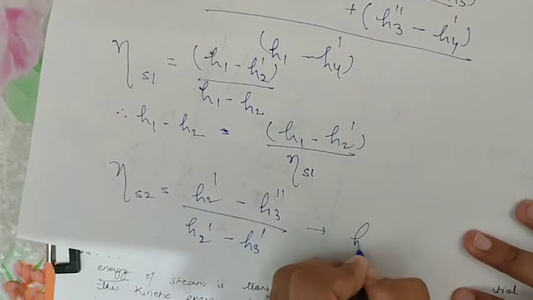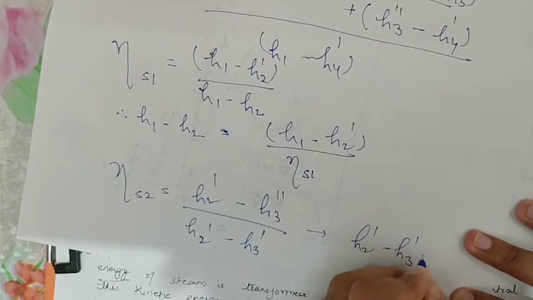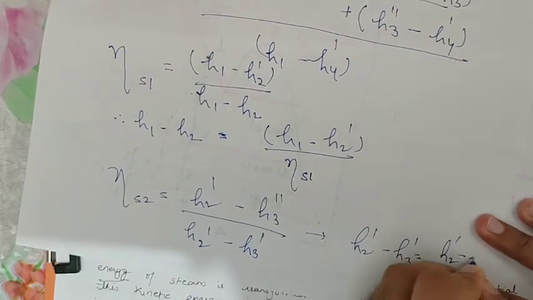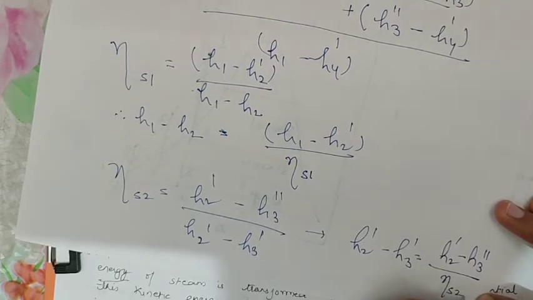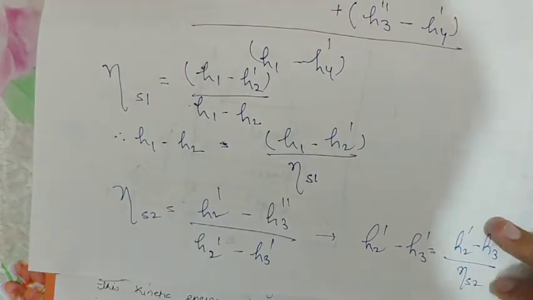So from this equation, H2 dash minus H3 dash will be H2 dash minus H3 double dash divided by efficiency of stage 2. This will be the value of H2 dash minus H3 dash.